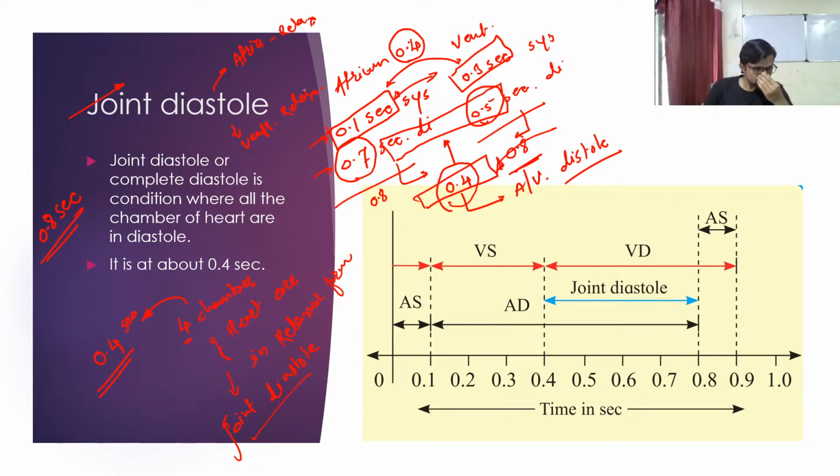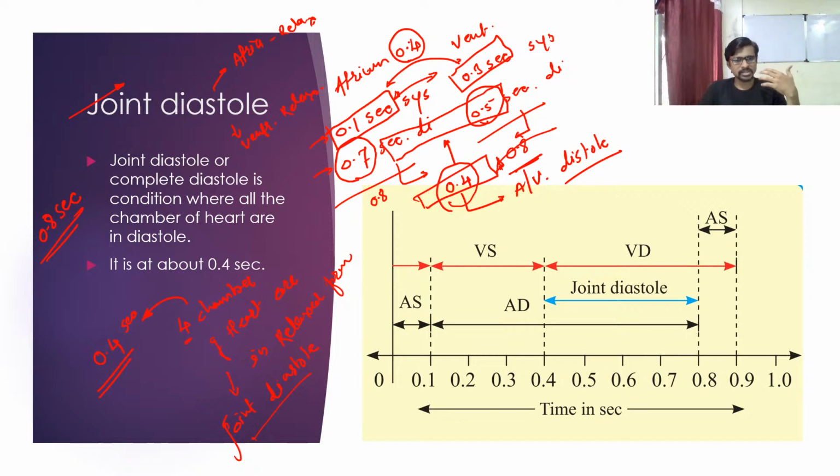How is the sound formed? What happens when the blood is moving inside the ventricle and outside the ventricle? At that time the closing and the opening of the valves makes vibrations, and that vibration results in the sound.